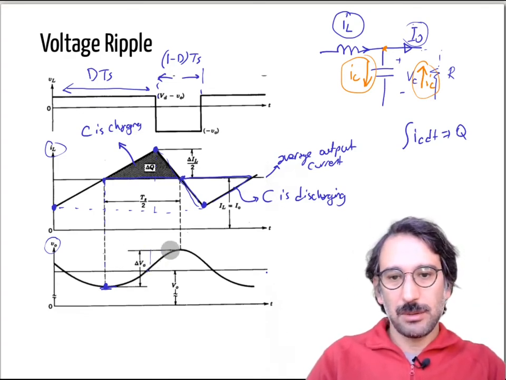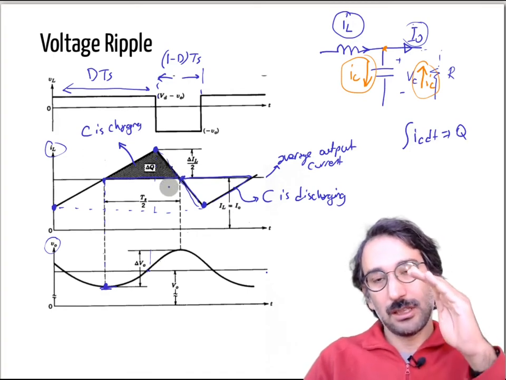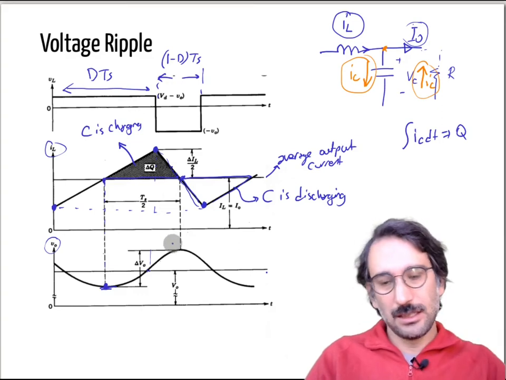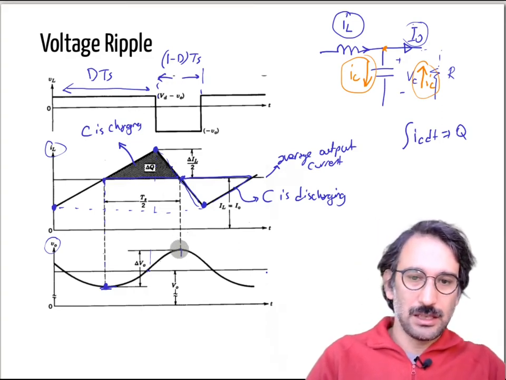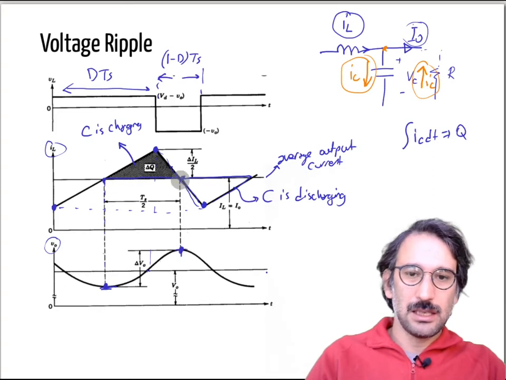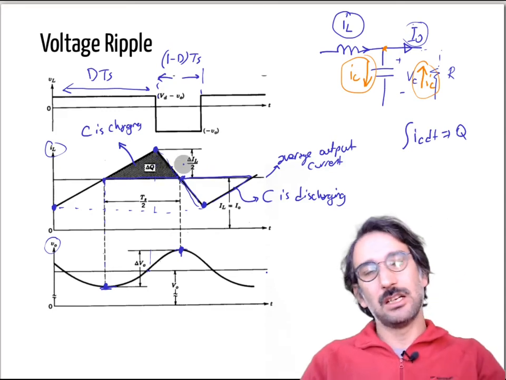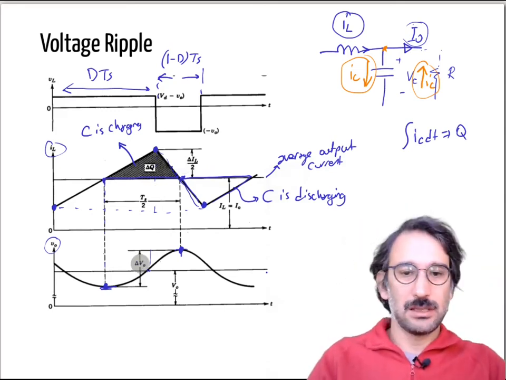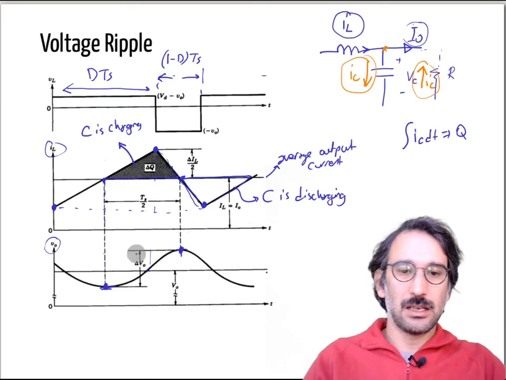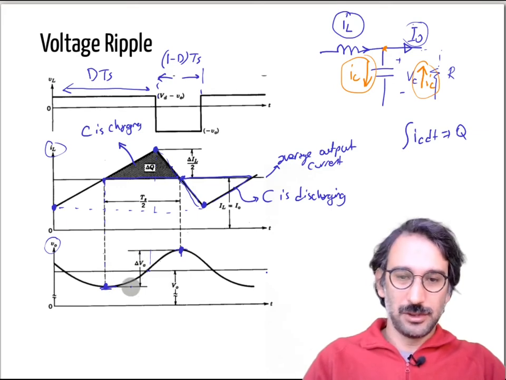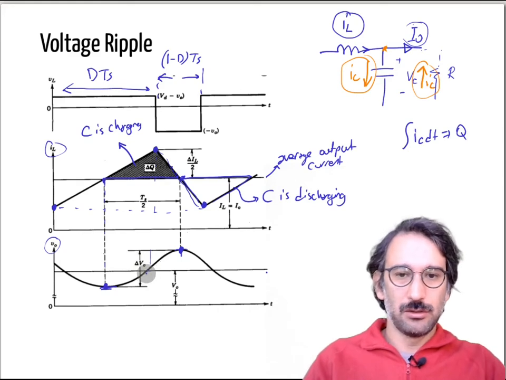It keeps going up, and then the charging rate decreases, so there's a tendency to reach a horizontal maximum. At that point you reach the maximum capacitor voltage, because that is the total amount of charge sent to the capacitor. So you can calculate the ripple voltage delta VC or delta VO using those figures.